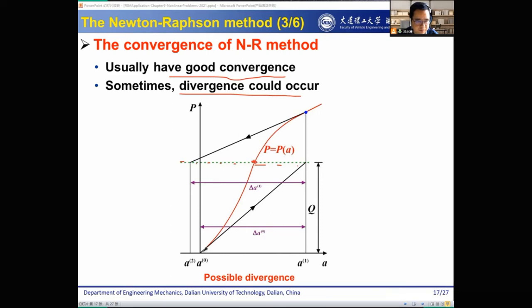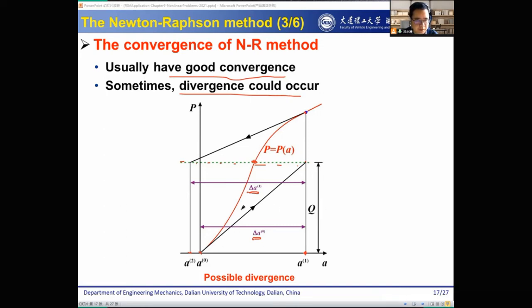We start from A0, and then we calculate the correction quantity. Then we have A1. Then we calculate the correction quantity again, and then we have A2. We see A0, A1, A2 don't converge.